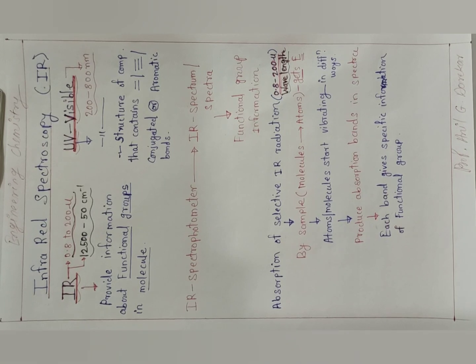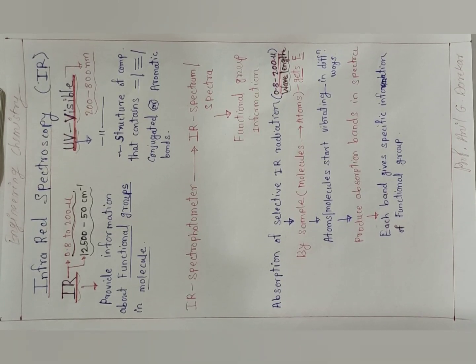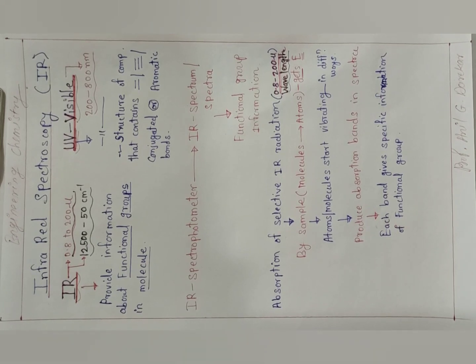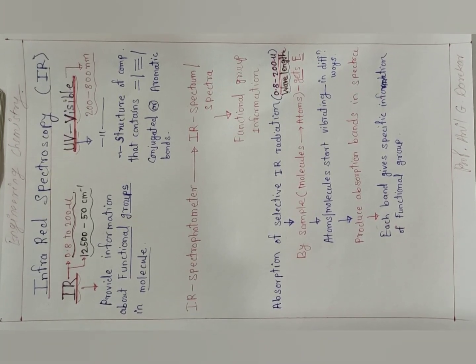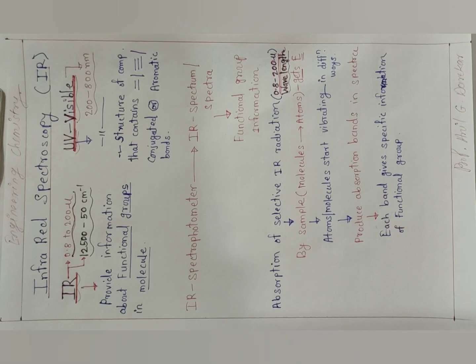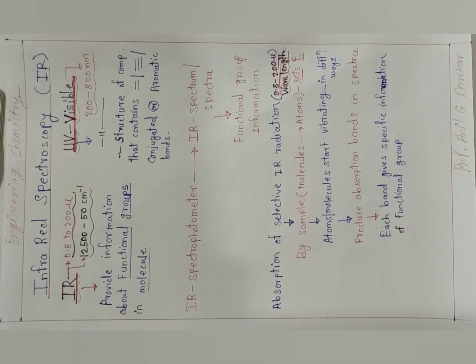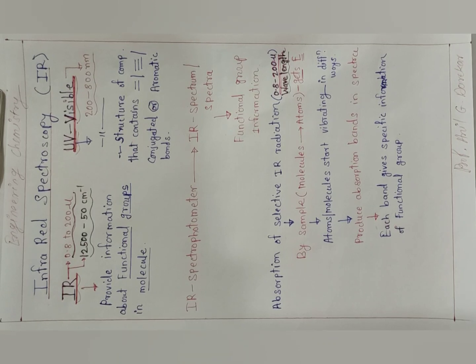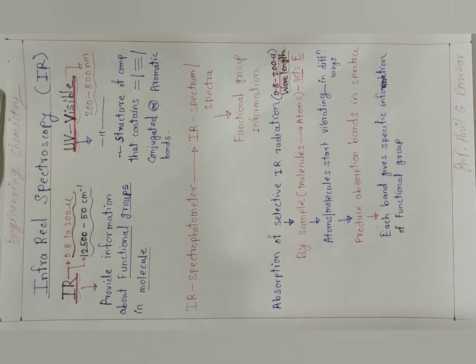Now what is the main use of IR, that is infrared spectroscopy? Infrared spectroscopy provides information about the functional groups present in the molecule. Means IR spectroscopy gives an idea about the presence of functional groups, or which kind of functional groups are present in the molecule, while UV visible spectroscopy gives us an idea about the presence of double bonds, triple bonds or conjugated bonds.